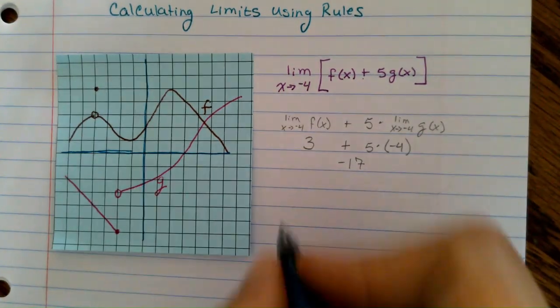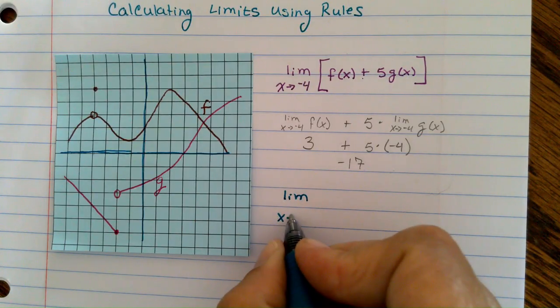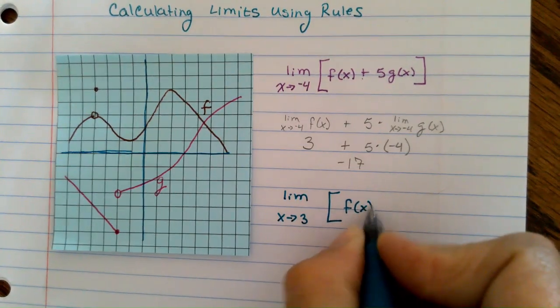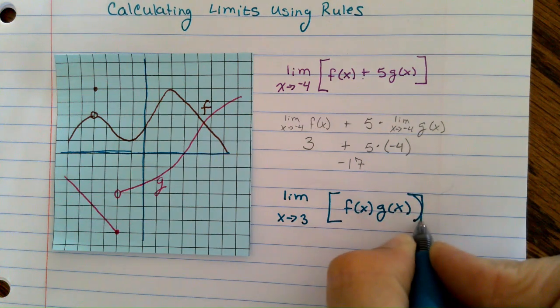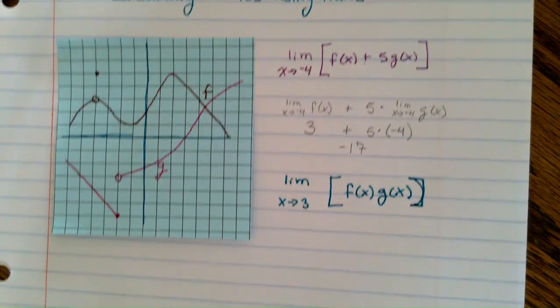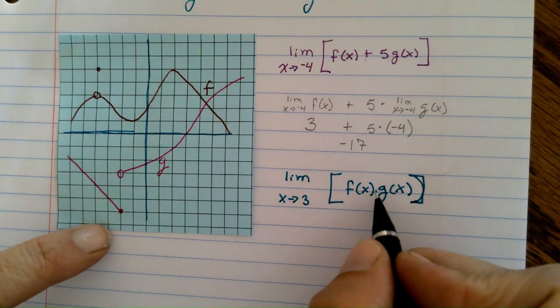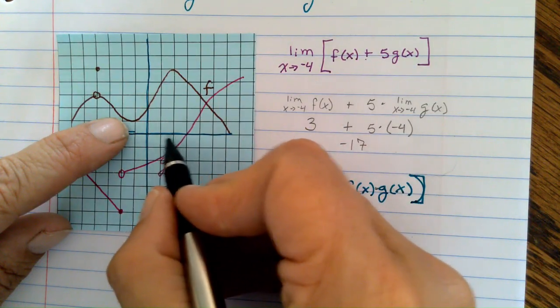So let's try a second one. The limit as x approaches 3, f of x times g of x. Okay, so now we're approaching 3, and this is f of x times g of x. So let's see, f. 3 is right here.